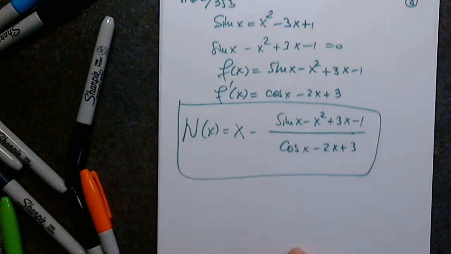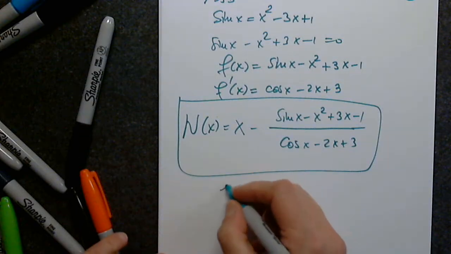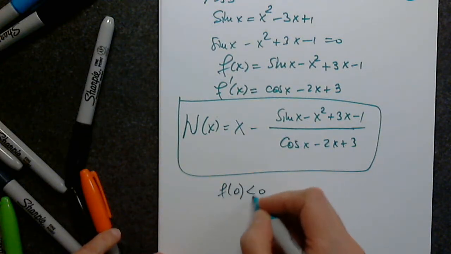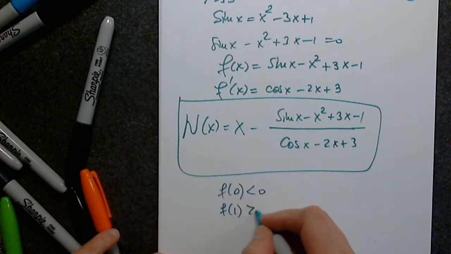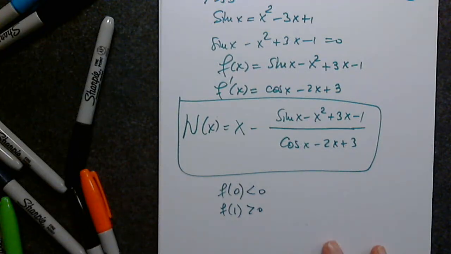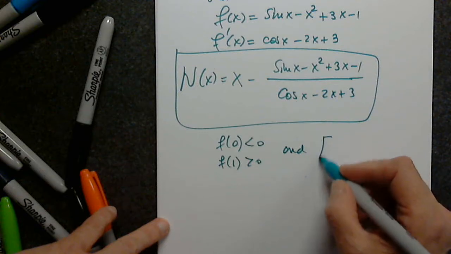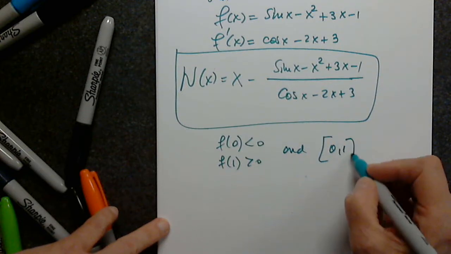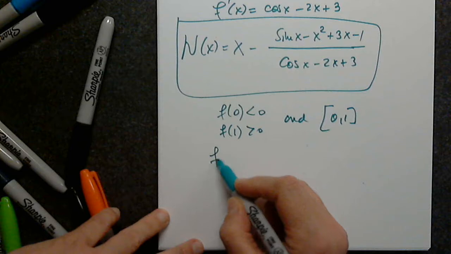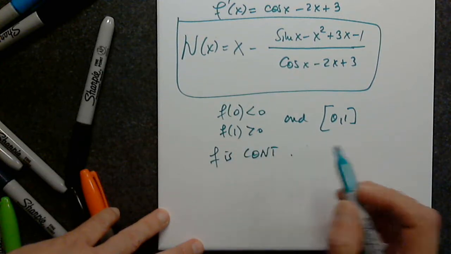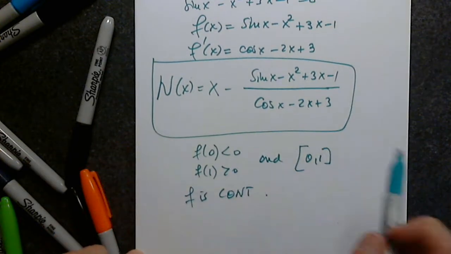Just determine one. So I found that f of 0 is a negative number, and f of 1 is a positive number. But I also have to write that the interval is 0, 1, and f is continuous on 0, 1 for sure.